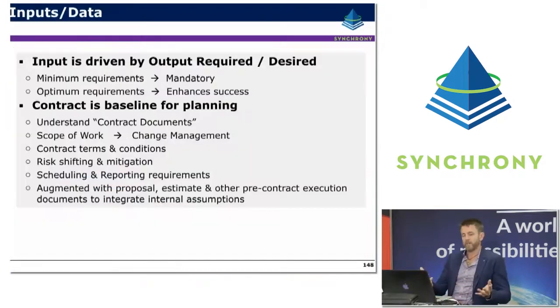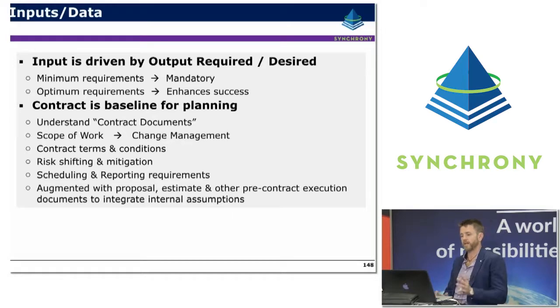So what are some of the inputs that we use with our EVM systems? Depending on the contract, there might be a number of minimum requirements that are defined, and that can be regarded as mandatory. And there might also be optimum requirements, or nice to haves, or different ideas for KPIs that can be measured on the project that help enhance success but may not necessarily be a contractual requirement.